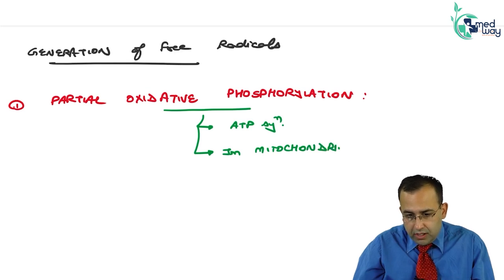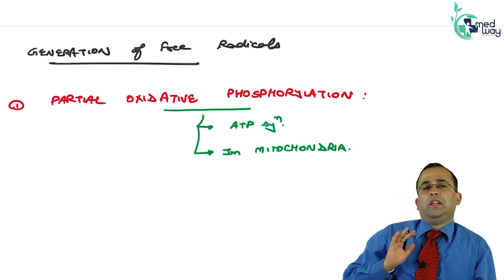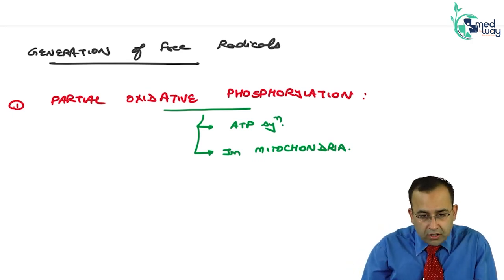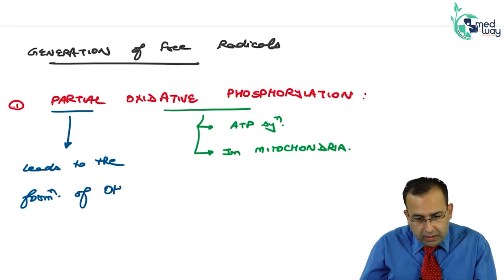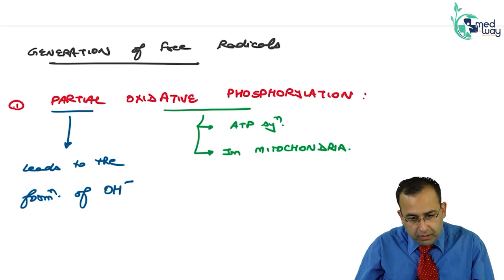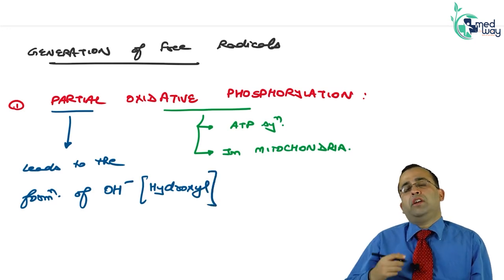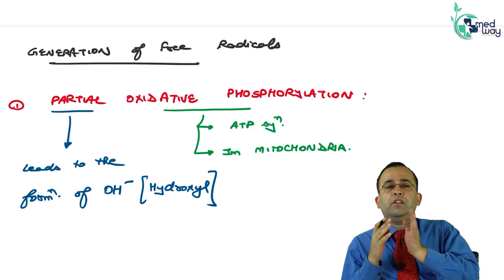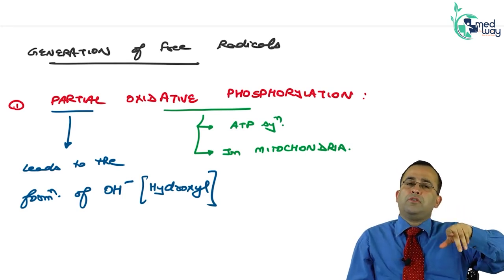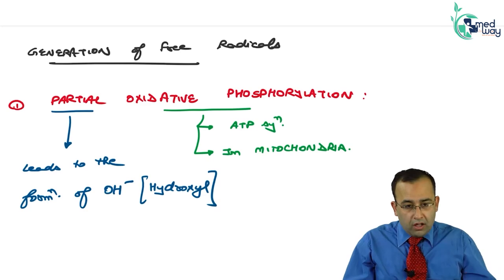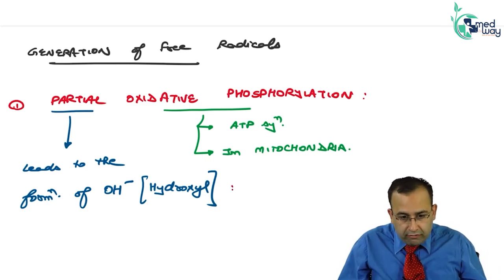But if this oxidative phosphorylation is partial in nature, it leads to the formation of OH minus, the hydroxyl free radical, which is the most potent free radical.